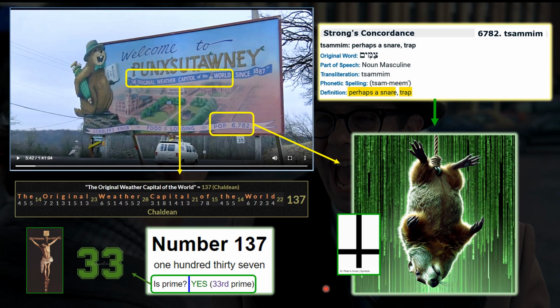So Phil here is going to Punxsutawney, getting turned upside down into Earth, and in order for him to get out, he's going to have to go through the 33 again, the life and death ascension process.